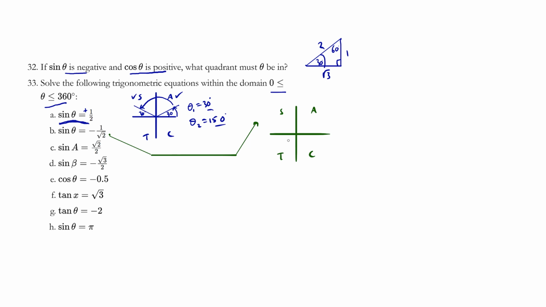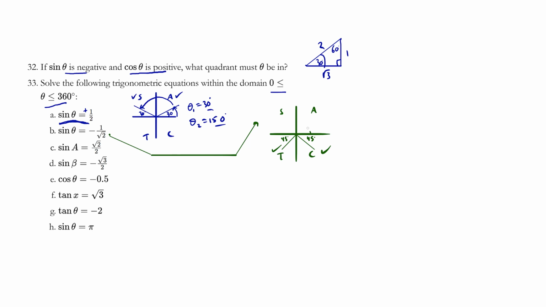Sine is negative. Where? Sine is negative here and here. 1 over √2. Hopefully you can memorize that the reference angle would be 45. Sine 45 is 1 over √2, so it's going to be reference angle 45 degrees here and here. All you have to do now is run the track.